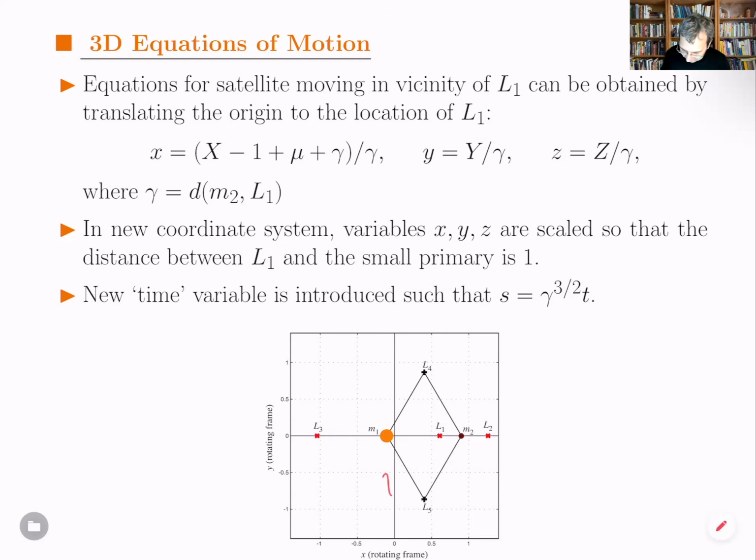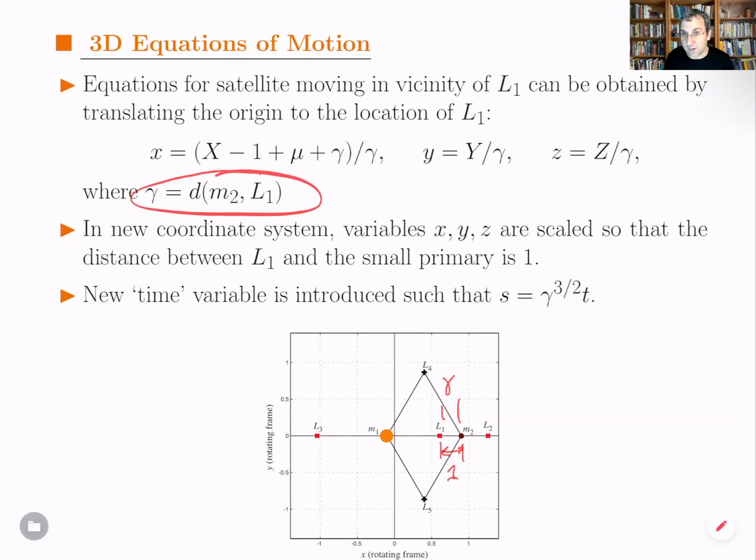Instead of saying that the distance between M1 and M2 is 1, which is what gave those original equations, we're now going to say that the distance between L1 and M2 equals 1. Before we called that either gamma or gamma 1. So that's why we're writing gamma.